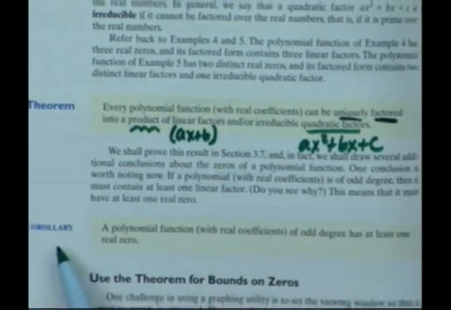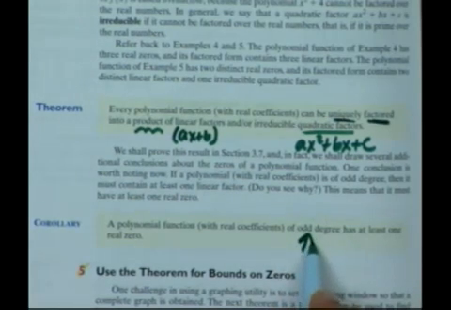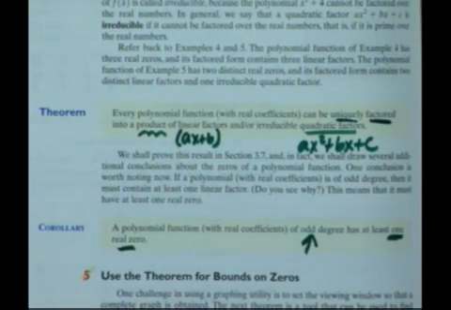Here's another little statement right below that. A polynomial function with real coefficients of odd degree has at least one real zero. We've already said that. Why is that true? What's the graph of an odd degree polynomial going to look like?